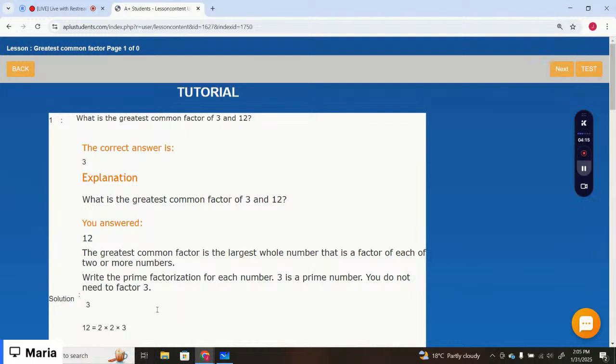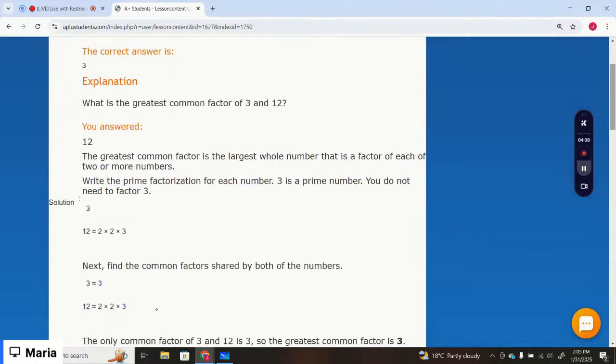What is the greatest common factor of 3 and 12? The greatest common factor is the largest whole number that is a factor of two or more numbers. So how do we find the greatest common factor? We need to write down the prime factorization of each number.